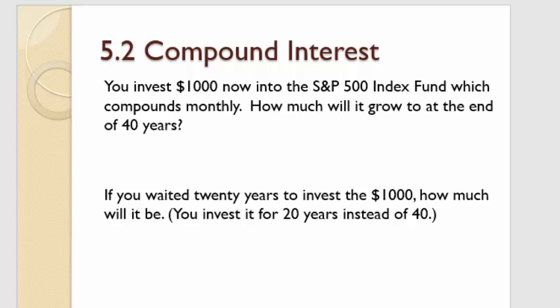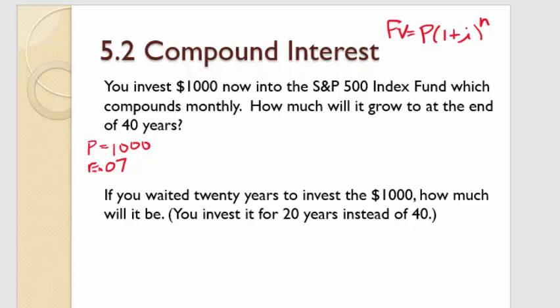So we're going to use the compound interest formula, which is FV is equal to P times 1 plus I to the n power. So P is the principal, the amount that you invest, and that equals $1,000. The interest rate, or R, we're going to pull from the last slide, which is 0.07, the average interest earned on the S&P 500 index.